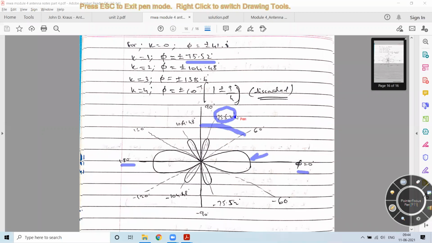And you have a peak in which direction? 75.52 degrees. So between 90 and 60, you have a side lobe in which the peak is falling in the direction of 75.52.